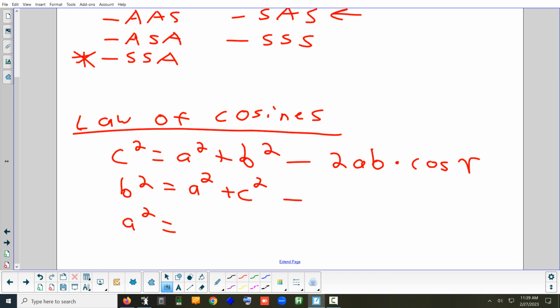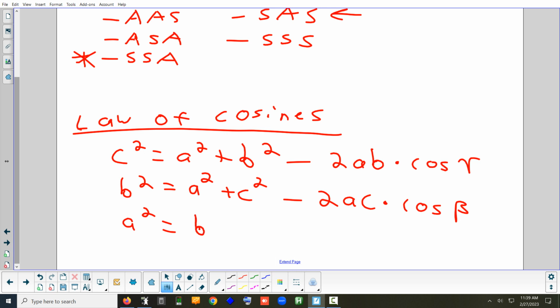So what would go right there? 2AC times the cosine of the angle across from the letter you started with. Beta. Yep. And we could write it a third way if you want to start with A squared or X squared or whatever letter you want to use, just follow the pattern. What's going to go right here?